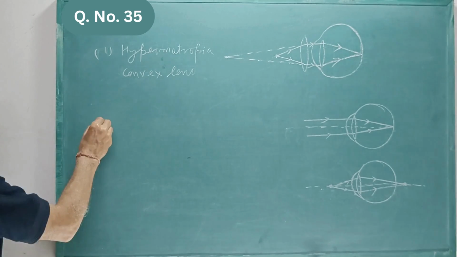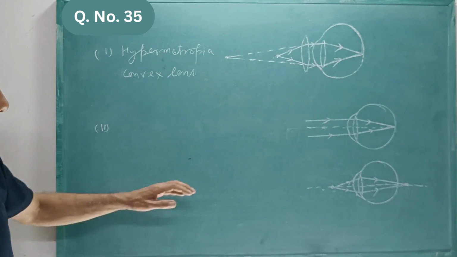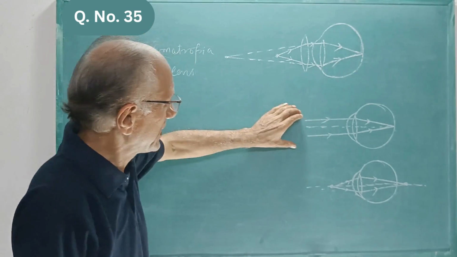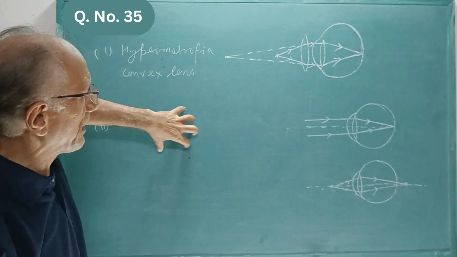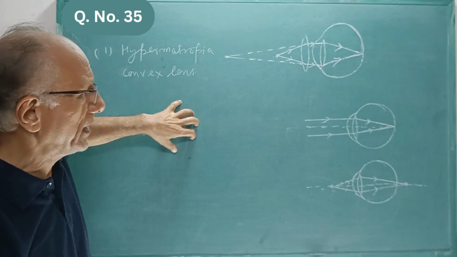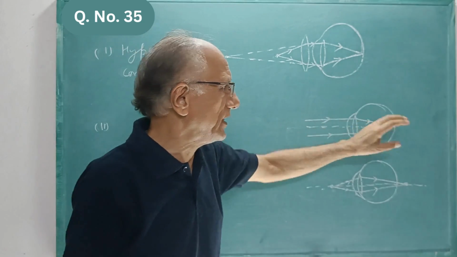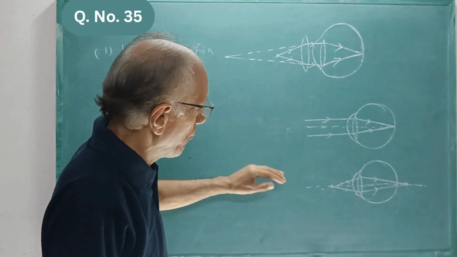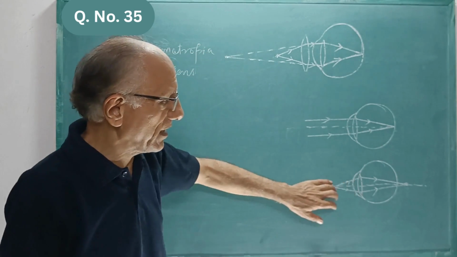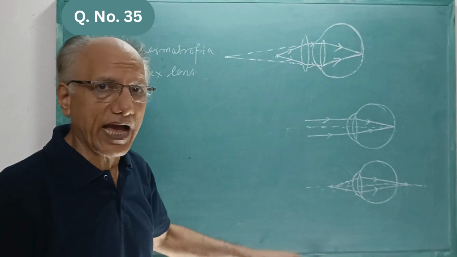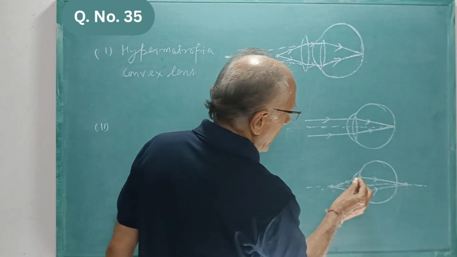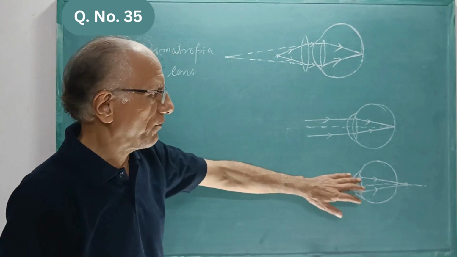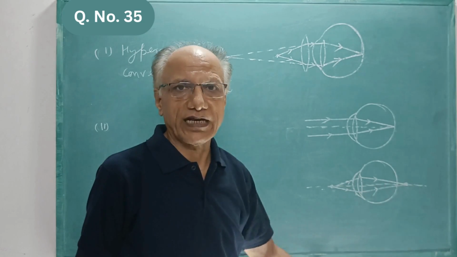And the second part, we have to show the defect. So in this case, if the object is kept far away, that means at infinity, then this person is able to see, that means the image is formed at the retina. But when the object is placed near the eye, then the rays are not able to meet at the retina, but they are focused away from the retina.